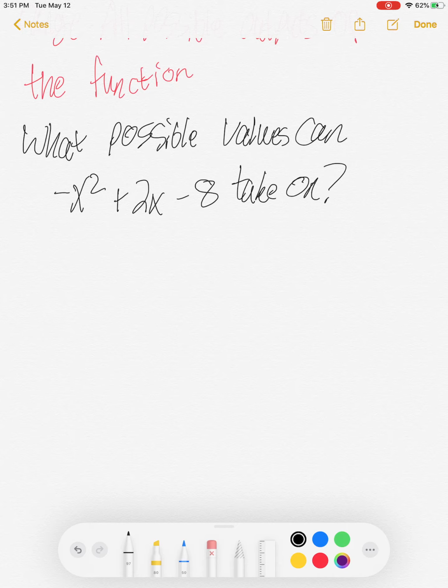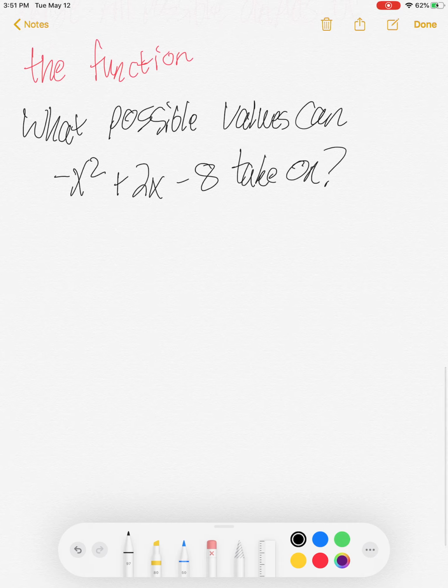Sometimes you can do these things algebraically, and you can find some answers that way. But in this case, algebraically, I just don't see very much that we can do to really help us answer this thing. So maybe algebra could help us a little bit, but it's not super helpful here.